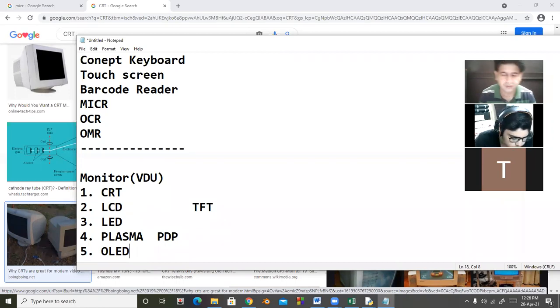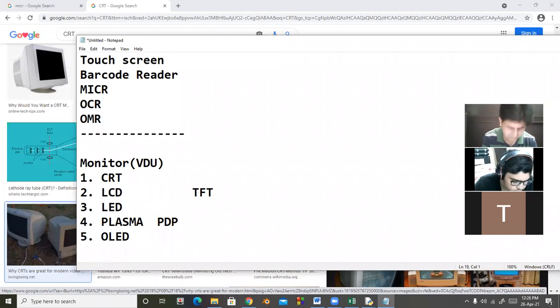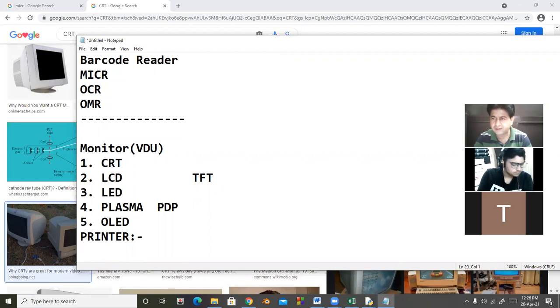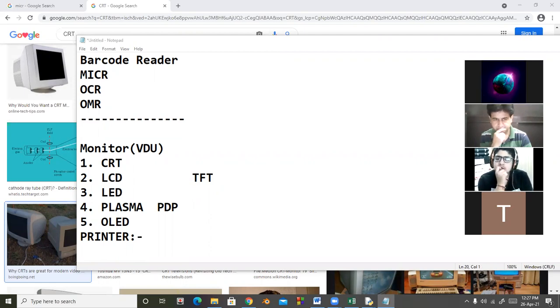The next type of output devices are printers. Printers give us the hard copy from the soft copy. There is one doubt. Yes, beta, raise your hand, unmute yourself. Sir, OLED monitors are used for gaming?